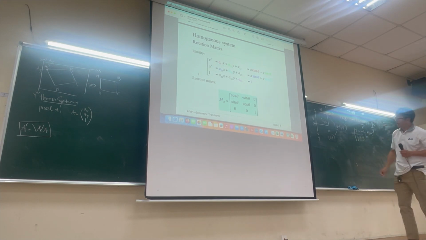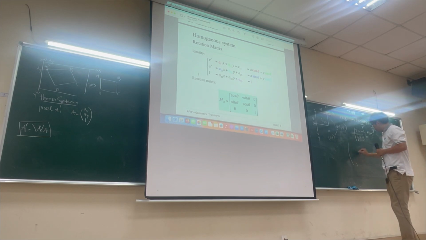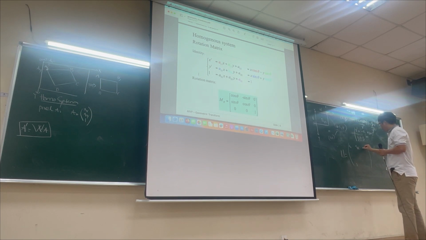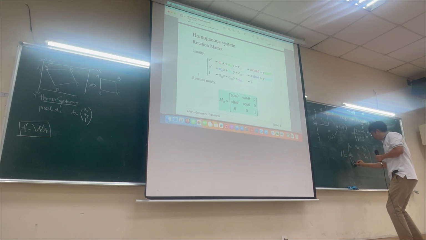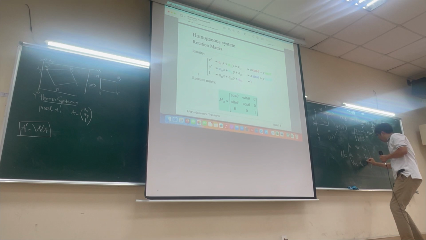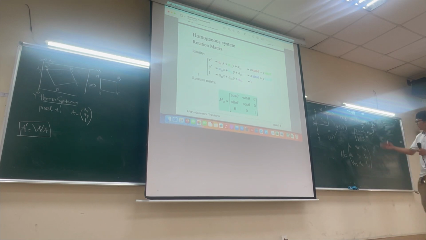Can you identify the matrix like that for me? M equals A11. A11 equals how many?